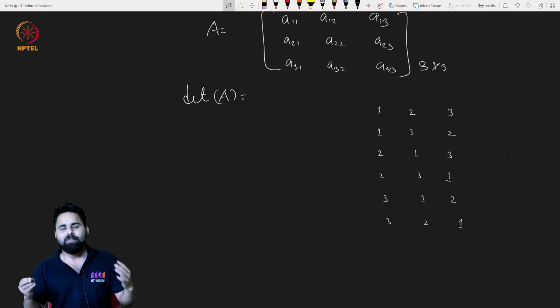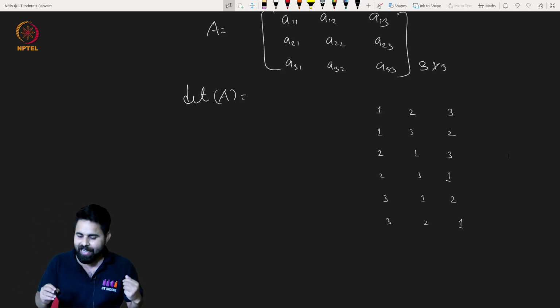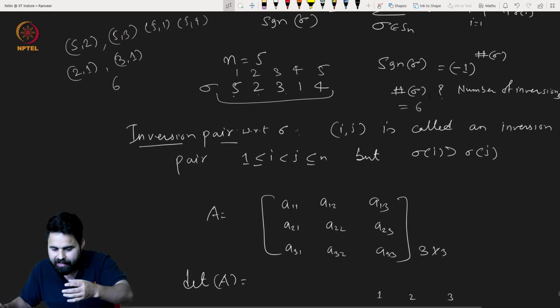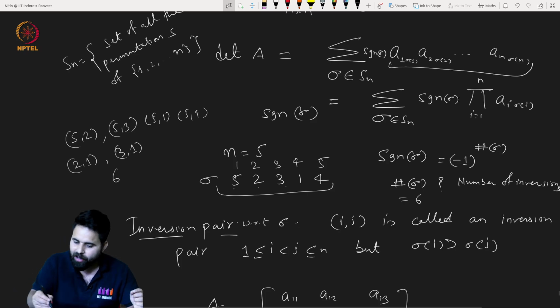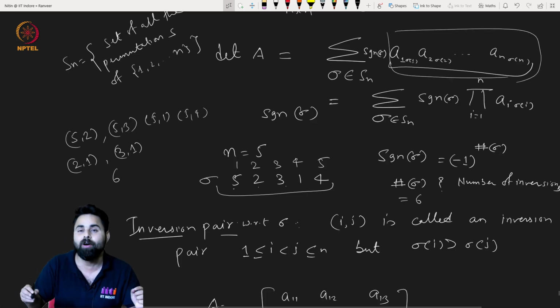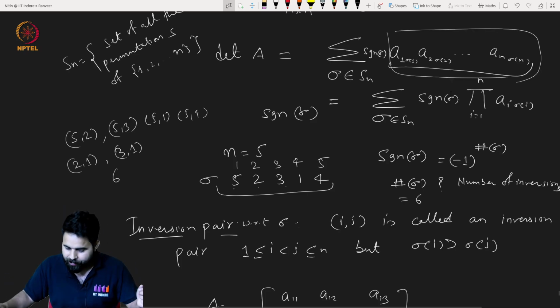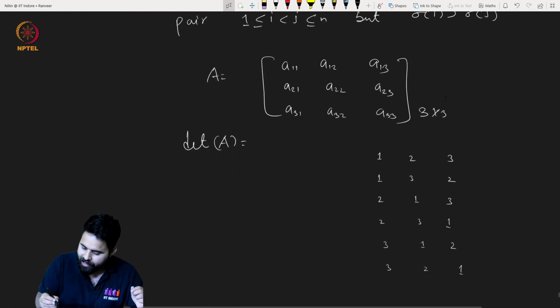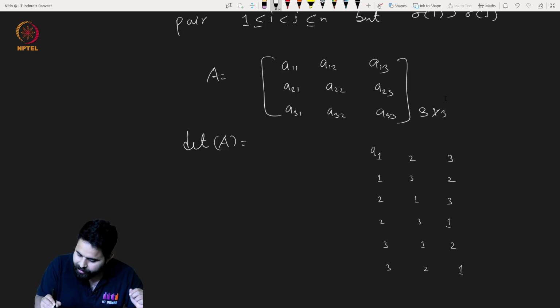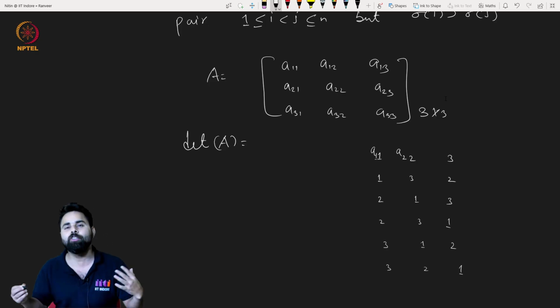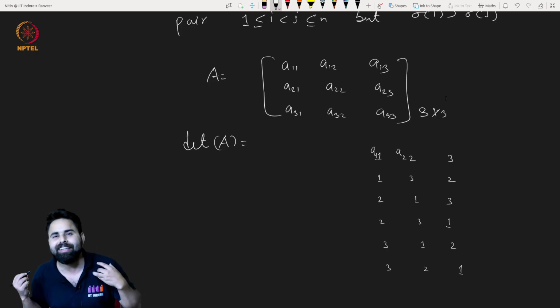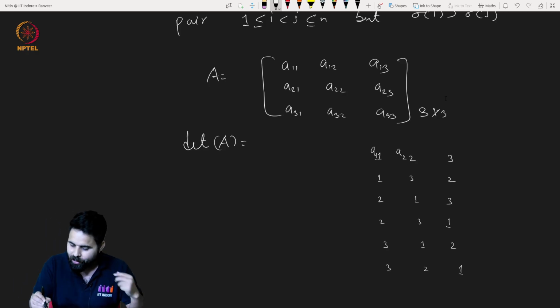Now what will be the entries just by this formula? Let us write down this collection of entries and then you multiply them. So this is nothing but A11. Now you assume that these 1, 2, 3 are the selected columns, and the rows are A1, A2, A3.